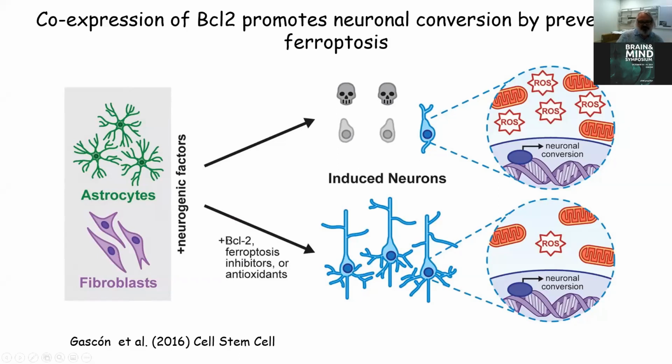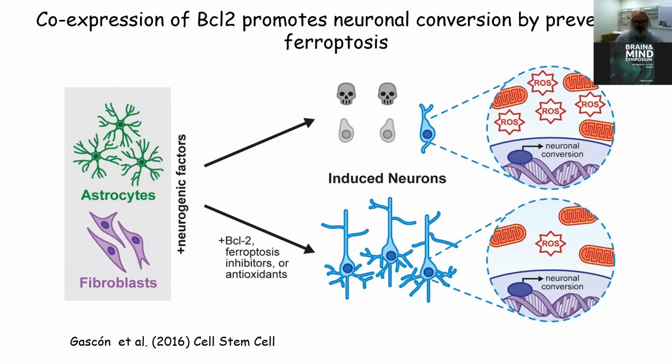And the mechanism that he proposed is that BCL2 was acting as an anti-ferroptotic molecule. Ferroptosis is a form of cell death that is induced by reactive oxygen species, and the mechanism is not exactly the same as apoptosis. So this is not just blocking apoptosis, but more specifically this process. But I have to say, I believe that probably the role of BCL2 in this process may be more complex.